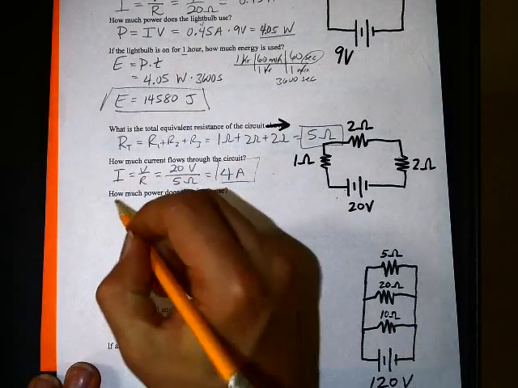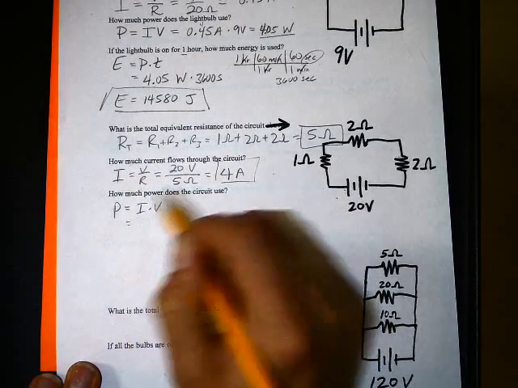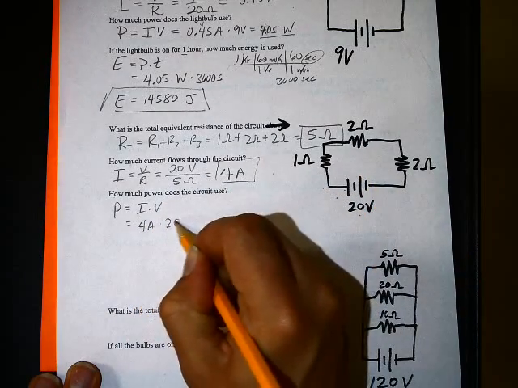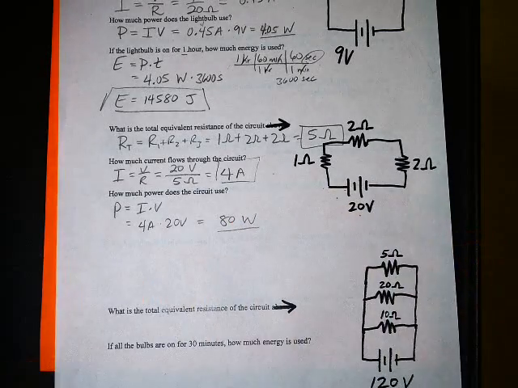And power, similarly, I times V, current 4 amps, voltage 20 volts, is going to consume 80 watts of power.